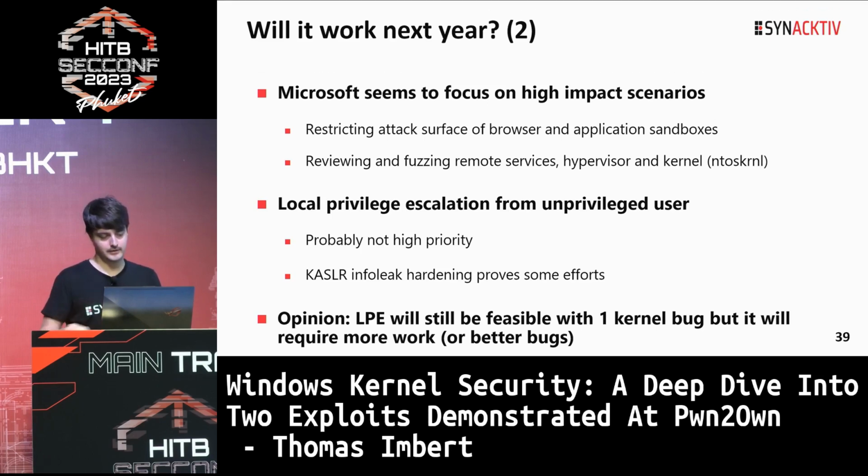So they are doing some stuff, but I don't think it's enough to really improve the security and make it impossible to exploit. So next year, it probably won't work because of the KASLR mitigation. But I still think that with one kernel bug, you could exploit the Windows kernel. You just need maybe a better bug to leak something and to write some things.